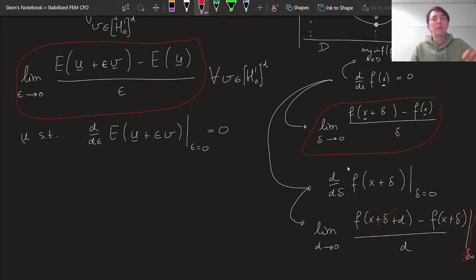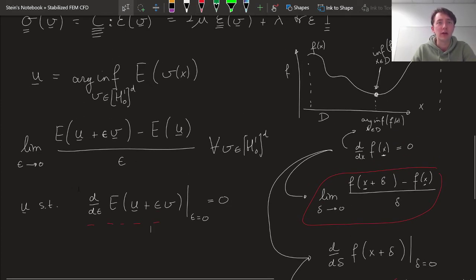Now, I don't know exactly which statement I prefer. These ones I think are similarly straightforward to work with, but you could work with either one. So maybe you're most familiar with working with the lower one, but I think that one is actually the least intuitive based on what I just said.